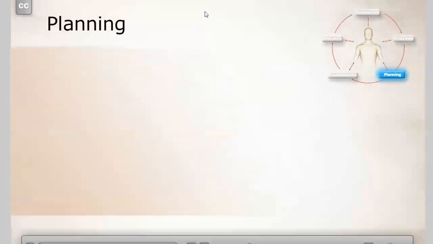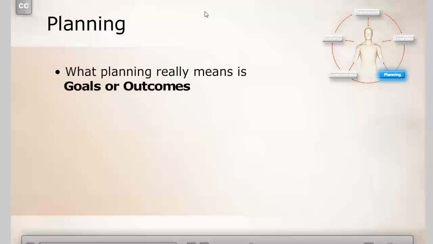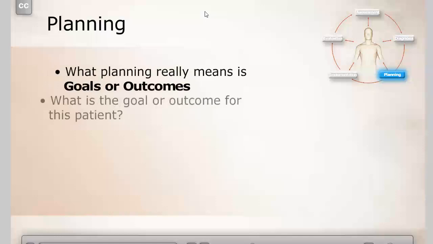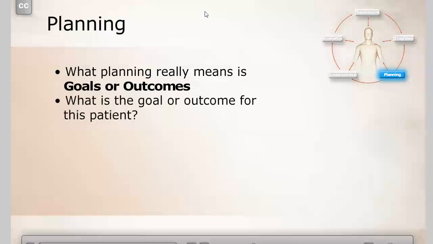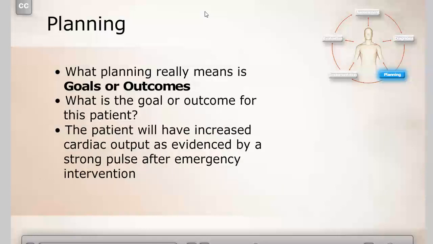Now you will move to the third step of the nursing process. Planning. The best way to remember planning is to substitute the word goals or outcomes. What is the goal for this patient? The patient has no pulse. So the goal is the patient will have increased cardiac output as evidenced by a strong pulse after emergency intervention.